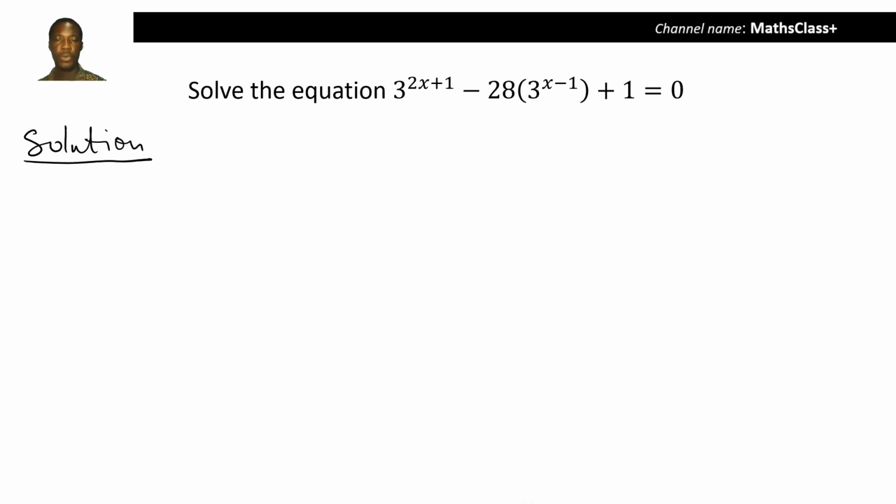Okay, so let's try to simplify each of the terms. So we have 3 to the power 2x plus 1. Now, when you see exponents adding, what does that tell you?